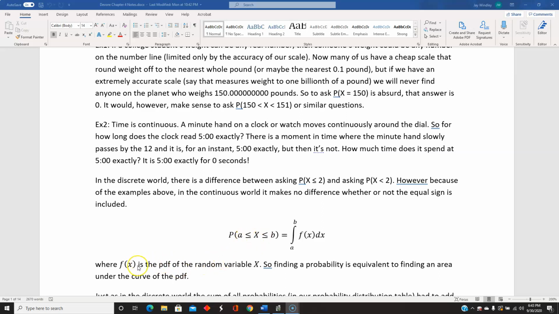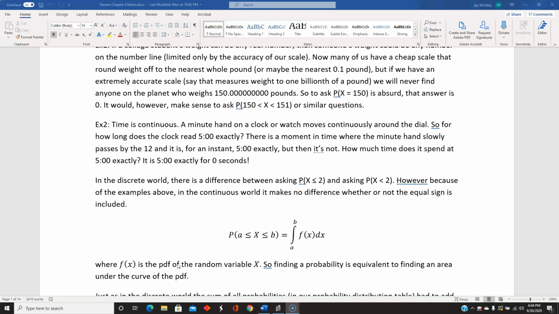So we're basically finding the area under the PDF. The difference here is that in chapter 3, when we were talking about discrete random variables, the PDF gave you the probability of a certain value of x.